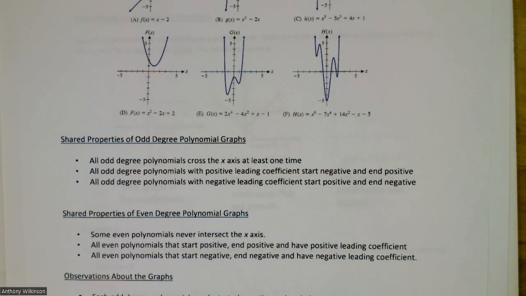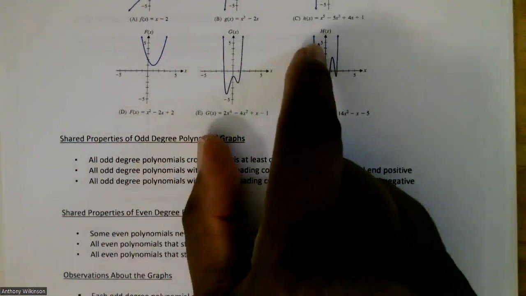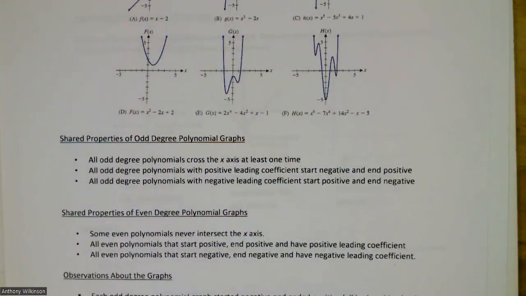All even polynomials that start positive and end positive have positive leading coefficients. So you can see here, this one starts positive and ends positive, this one starts positive and ends positive.